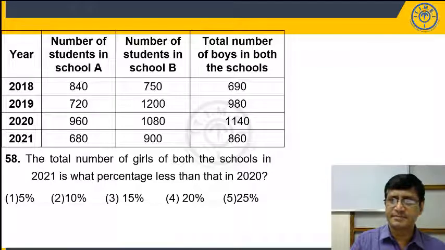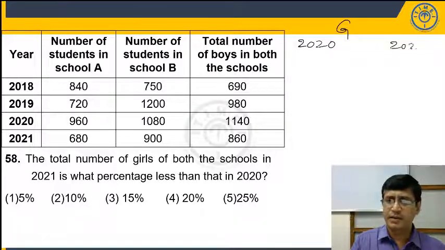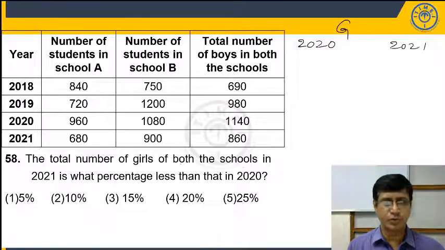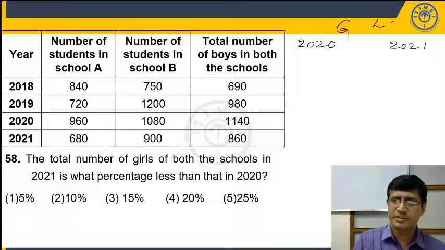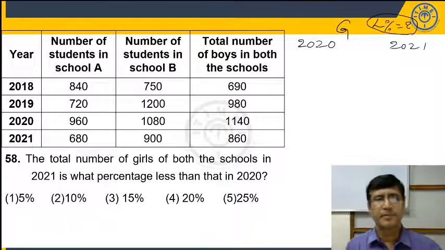The girls. So girls we need to find for 2020 and 2021. What is it saying? The total number of girls in both the schools in 2021, what percent less than that of 2020? So less percentage. Percentage less means difference by higher value into 100.